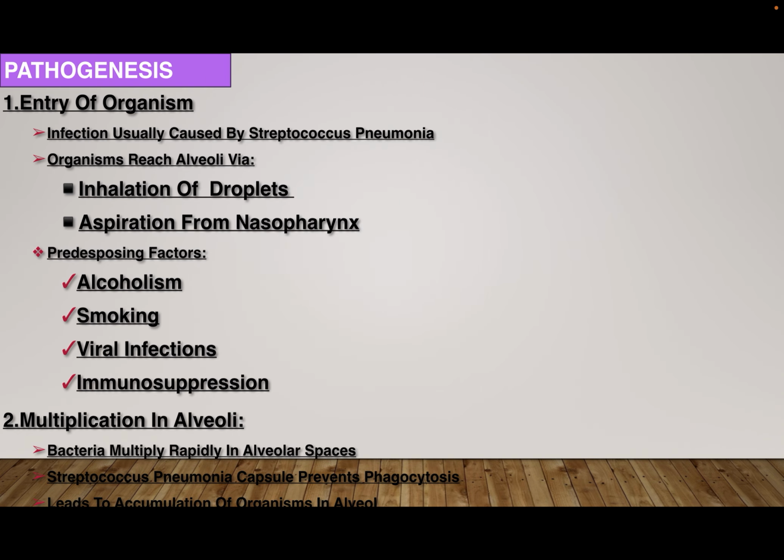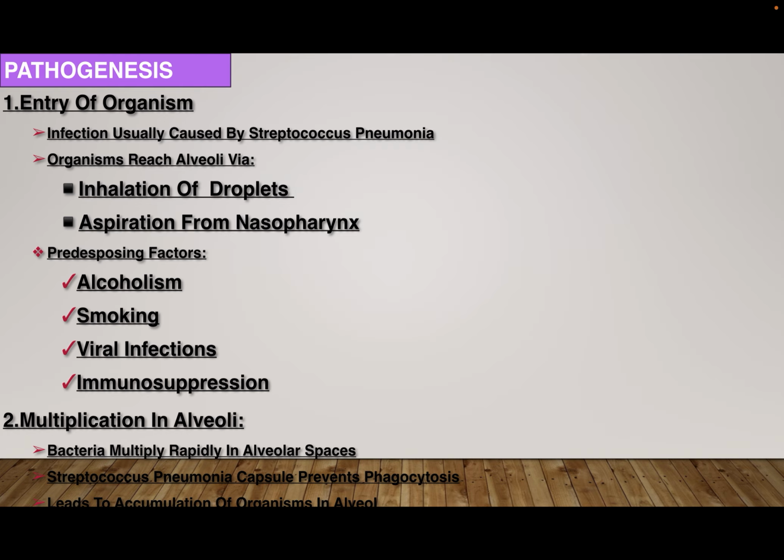Now we are going to discuss the pathogenesis of lobar pneumonia. First, the entry of the organism. Lobar pneumonia is usually caused by Streptococcus pneumoniae.